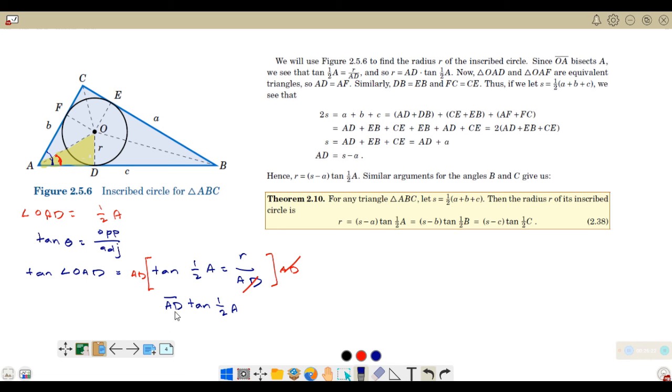Baka kasi A times D yung gawin nyo, angle A times angle D. So, this is AD times tangent 1/2 A is equal to R. Okay? So, dito siya galing. This definition here.